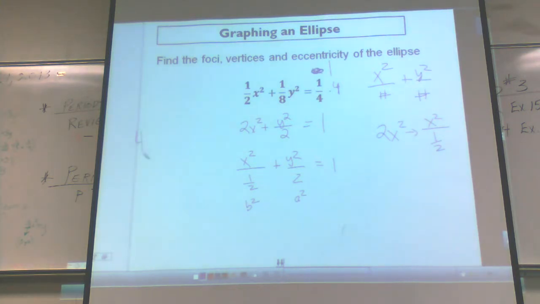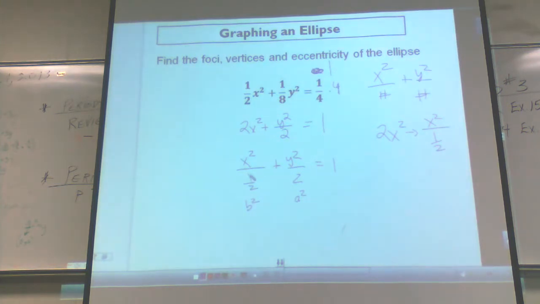Look at that. 4x is the same thing as x over 1/4. You divide by a fraction, you multiply by the reciprocal. 5x is the same thing as x over 1/5. That's why I'm writing that. And you guys, you have to have it written that way, because for us to be able to just pull numbers out, for you to visualize it, you need to have just a single number on the bottom with nothing next to the x squared.